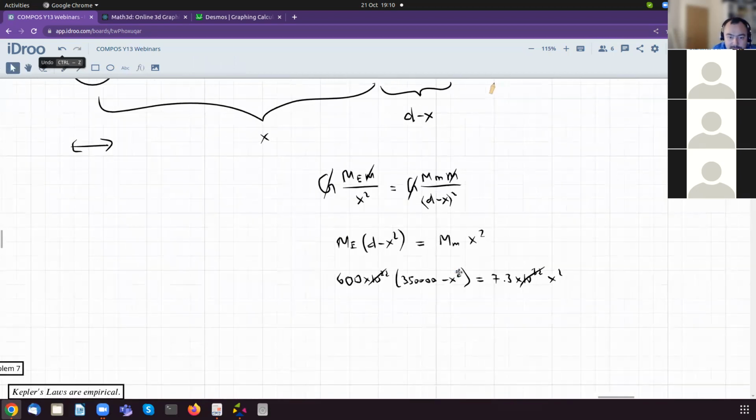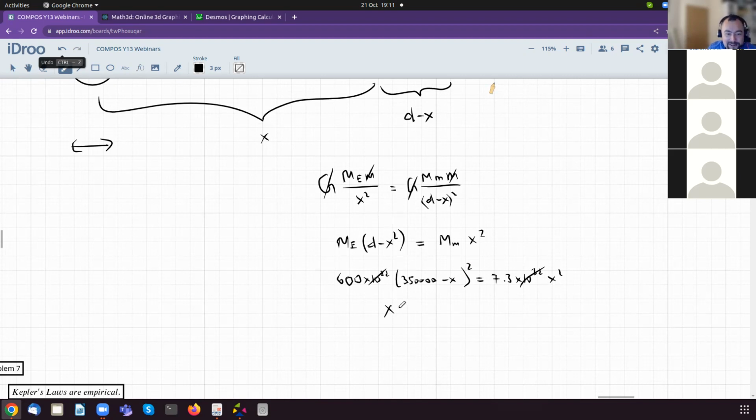Sorry, this square goes here. This is a quadratic equation, which you can solve. So 600, multiply this out. Well, anyways, I'm not going to do this. I'm just going to use my calculator to solve. I don't want to spend time solving a quadratic equation. It's not the easiest quadratic equation in the world, but I'm sure you know how to solve quadratic equations.